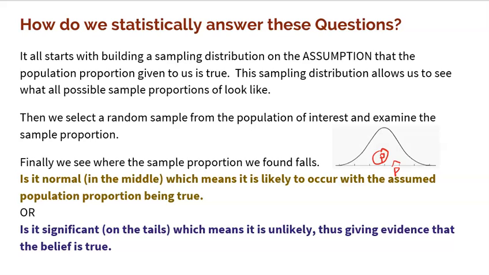Or the other thing that could happen is maybe our sample comes back very, very significant. Really, really high on one of the tails, either on the upper tail or the lower tail. Now, this does give us evidence that our thought is true. Because if we find a sample that should not happen if the truth is in the middle, that only gives us evidence that what we read is not true.